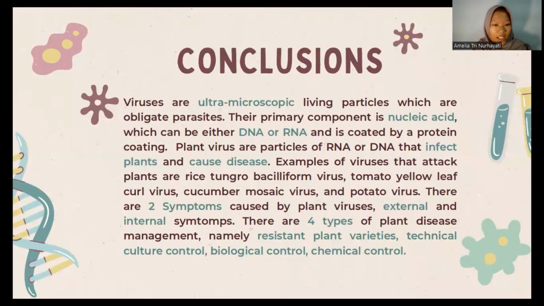Examples of viruses that attack plants are Banana streak bacilliform virus, tomato yellow leaf curl virus, cucumber mosaic virus, and potato virus. There are two kinds of symptoms caused by plant viruses, external and internal symptoms. And then there are four types of plant disease management, namely resistant plant varieties, cultural control, biological control, and chemical control.